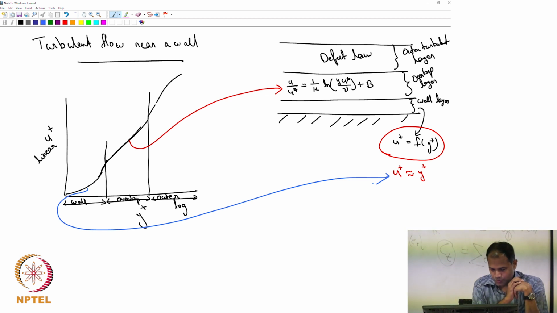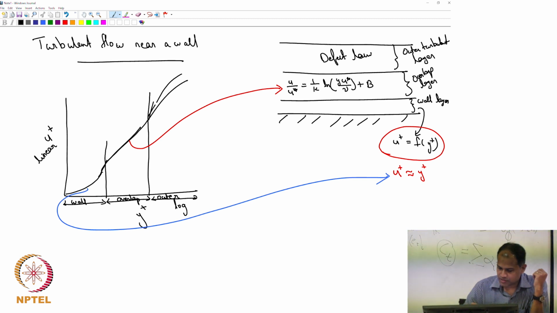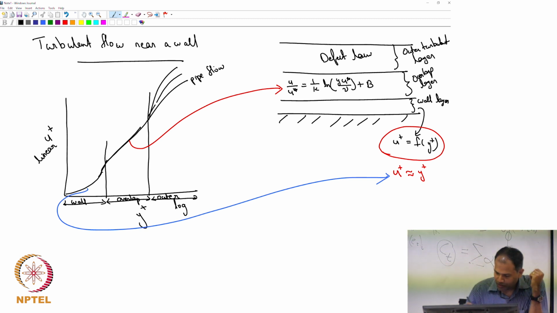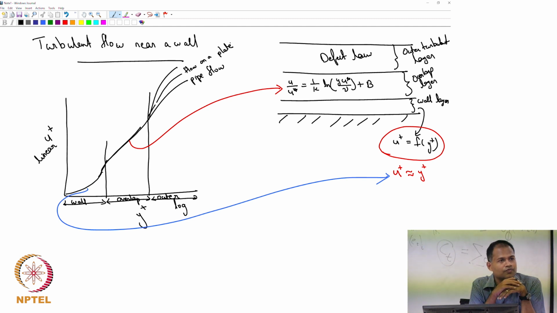Now the point is that the outer layer depends on the main flow: one could be a pipe flow, one could be a flow on a plate, and so on. Whatever the main flow is, it affects only the outer layer. The wall layer, dominated by viscous stresses, and the overlap layer are independent of the flow configuration you are working on.